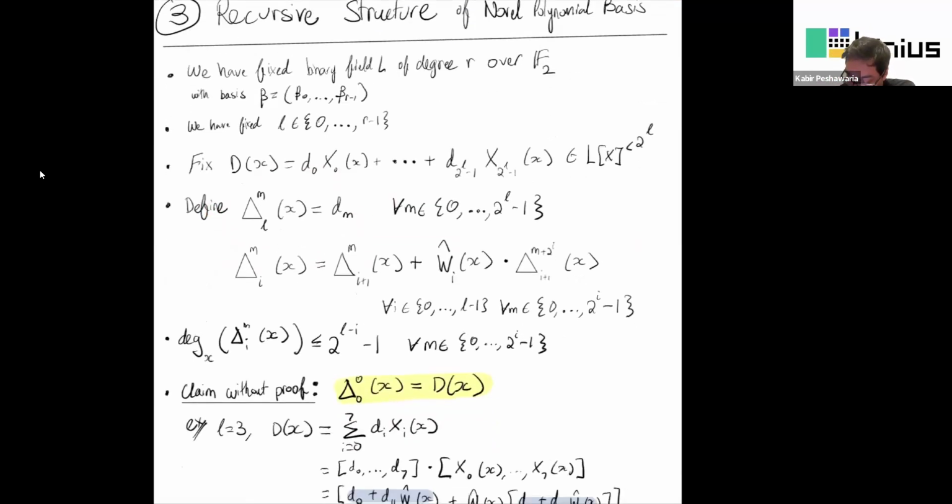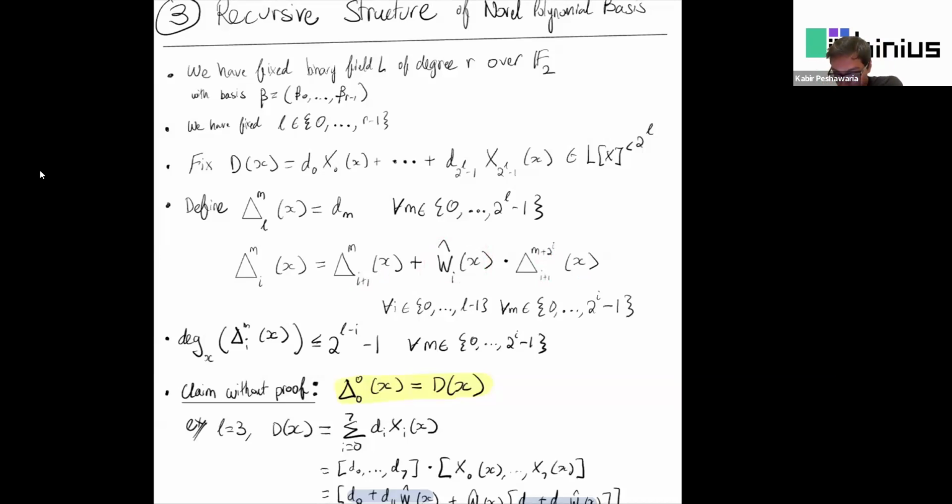This is degree 0. And then here we have this other polynomial, delta mi of x, equal to this thing, which is a recursive construction that uses delta m I plus 1 of x, uses delta m plus 2 to the I plus 1 of x, and also some weird factor here.